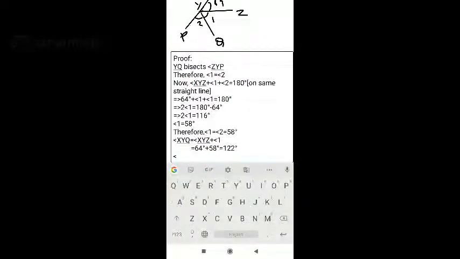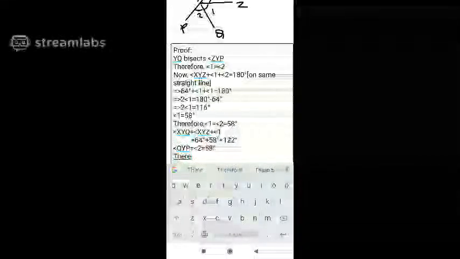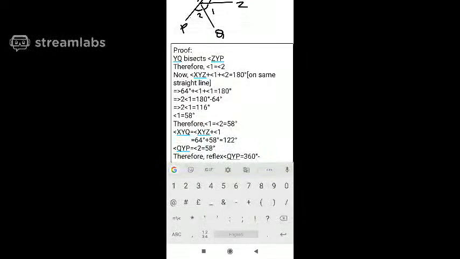First we will write angle QYP is equal to angle 2, equal to 58 degrees. Therefore reflex angle QYP will be equal to 360 degrees minus angle QYP, which is 58, so we subtract 58 degrees, and then we will get the answer.